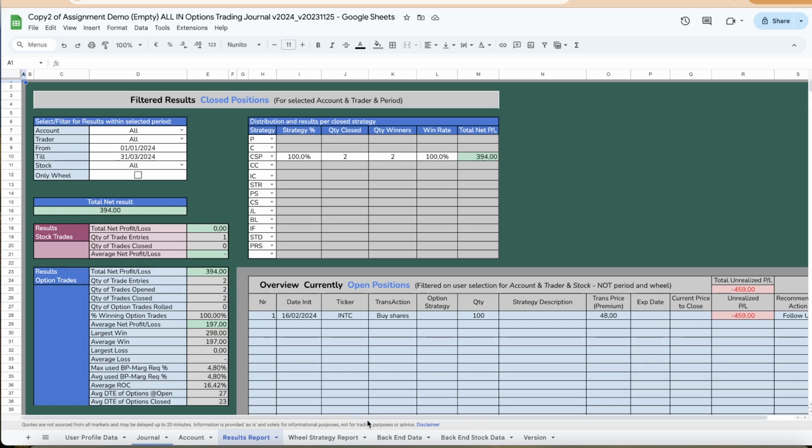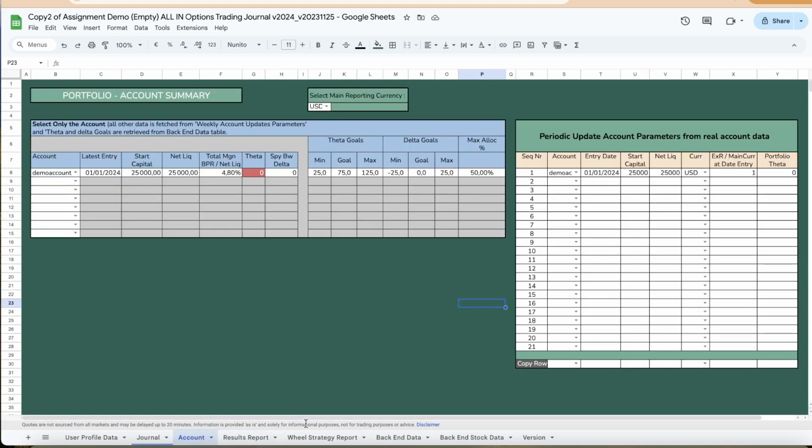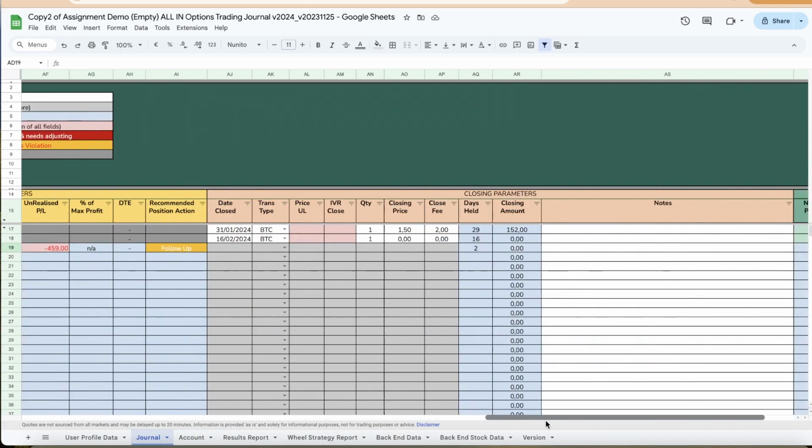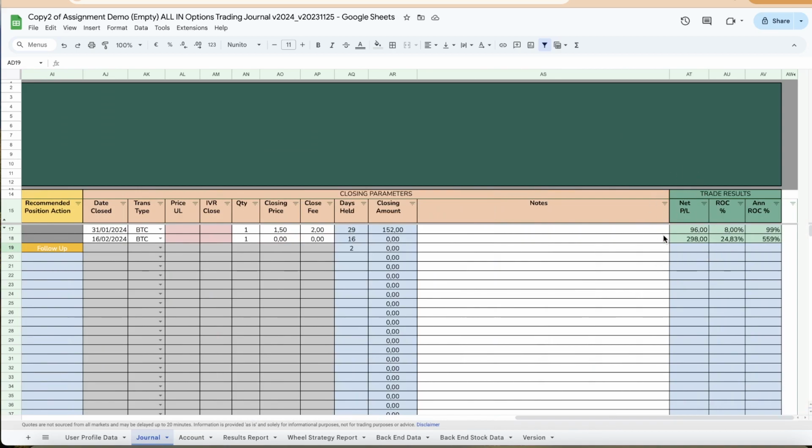Now there is a second possibility for entering this kind of transaction into the spreadsheet, and I will show you how that is done. Let's say I go to the journal. Let's say you don't want to show any positive P&L for the second cash secured put because the stock went below my strike price, so I'm not profitable at that moment.